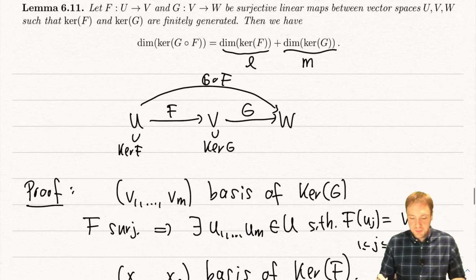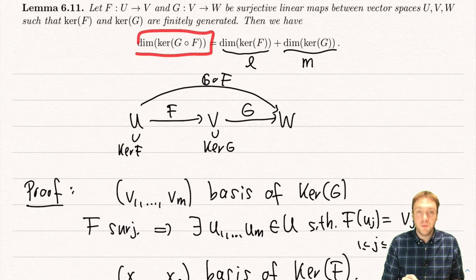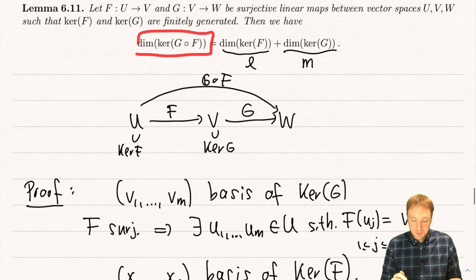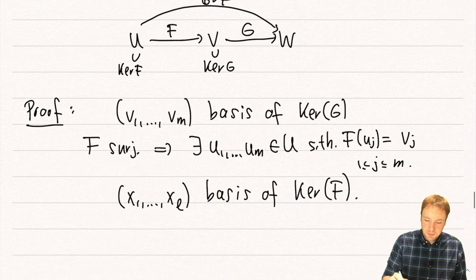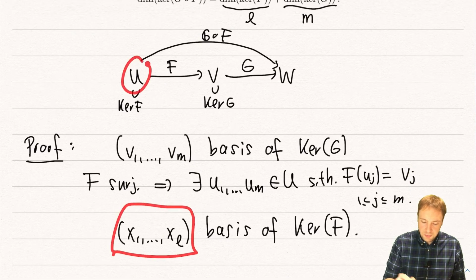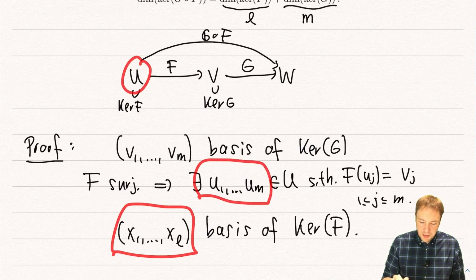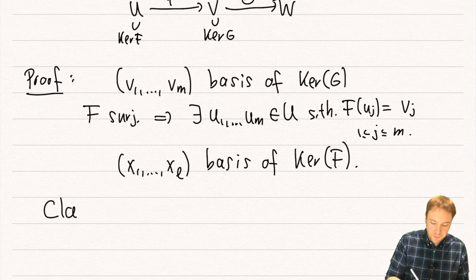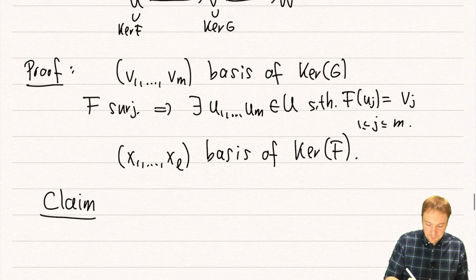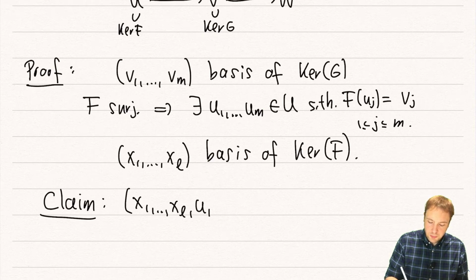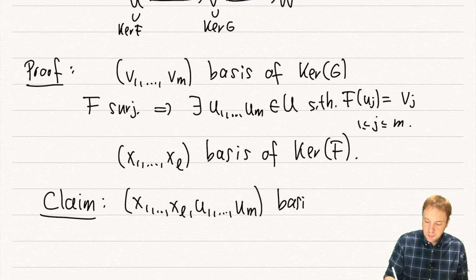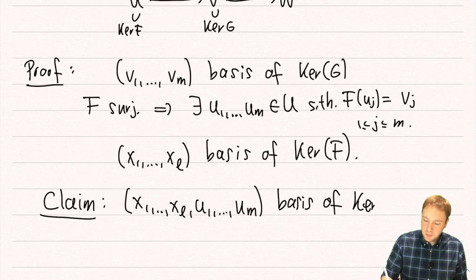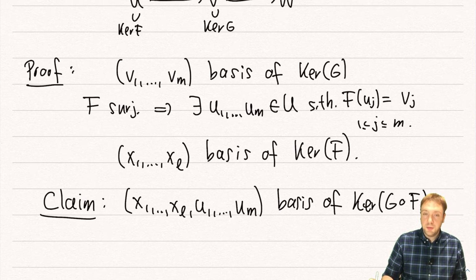The idea is to write down an explicit basis of this kernel with l plus m elements. So now we have l elements here in U and m elements here in U, and the claim is that if we combine these two, this is actually a basis of the kernel of g circle f. So claim: x1 to xl, u1 to um is a basis of the kernel of g circle f.